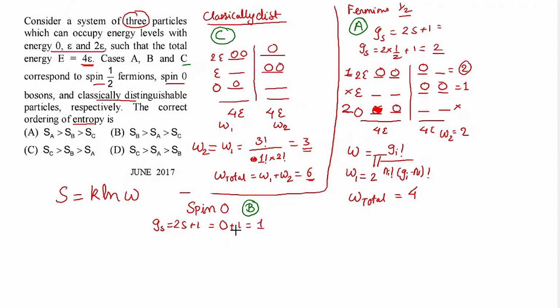So for bosons the energy levels are non-degenerate. Now we will find out the distribution, that is we have 0 epsilon and 2 epsilon.